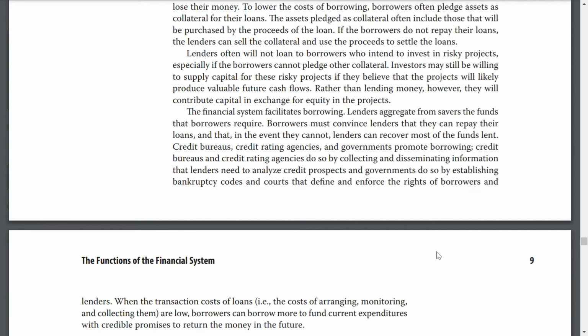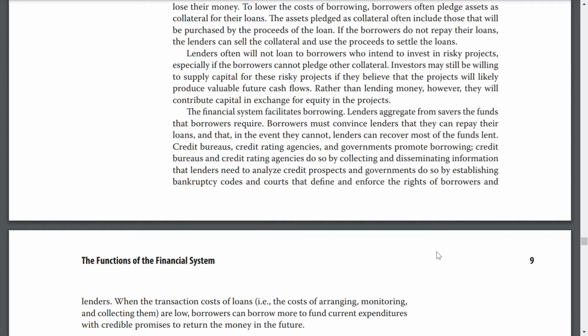The financial system facilitates borrowing. Lenders aggregate funds from savers that borrowers require. Borrowers must convince lenders that they can repay their loans, and that in the event they cannot, lenders can recover most of the funds lent. Credit bureaus, credit rating agencies, and governments promote borrowing.